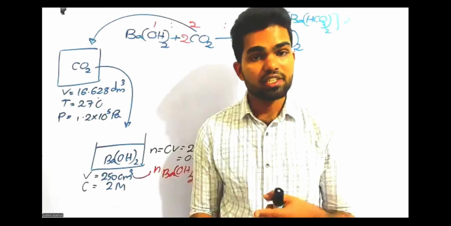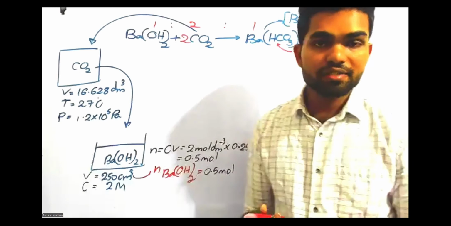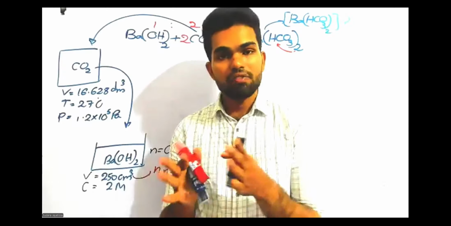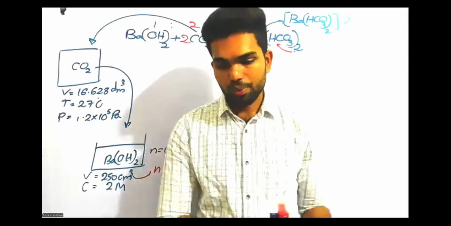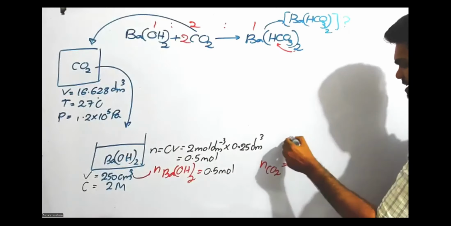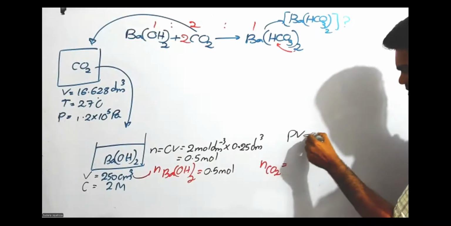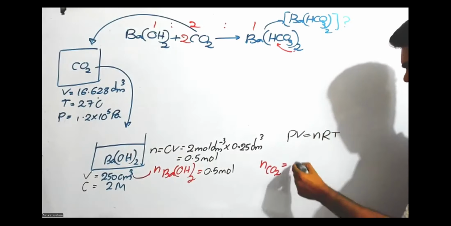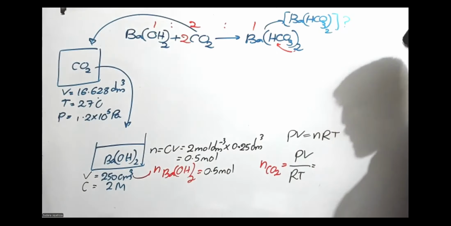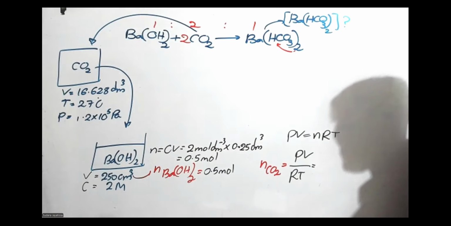When we know the pressure, volume, and temperature, we can find the number of moles using that PV equals nRT formula. But there is an important thing regarding that equation. When we use this one, we must substitute these values in SI units.